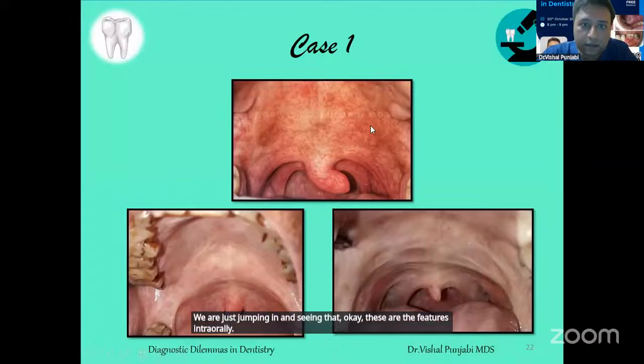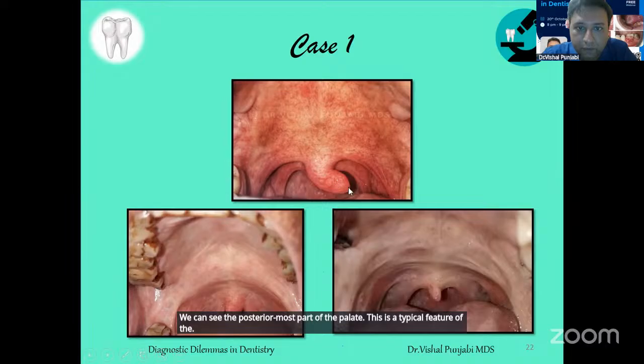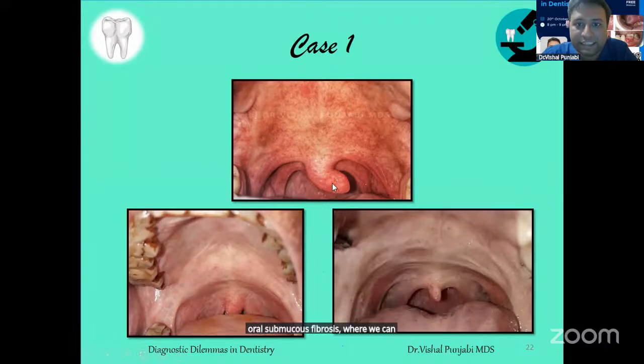We can see the posterior most part of the palate. This is a typical feature of oral submucous fibrosis, where we can observe a J-shaped or hockey stick shaped uvula. We can see a lot of blanching in the posterior most part of the palate, and a small amount of ulceration also present on the uvula.